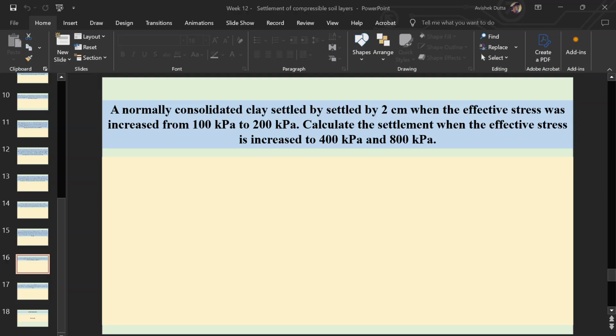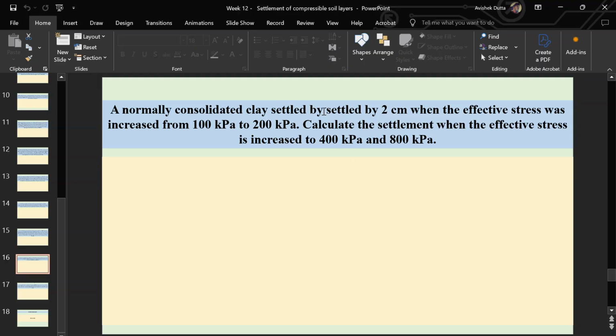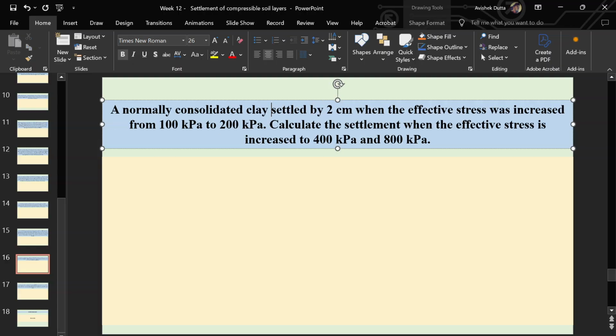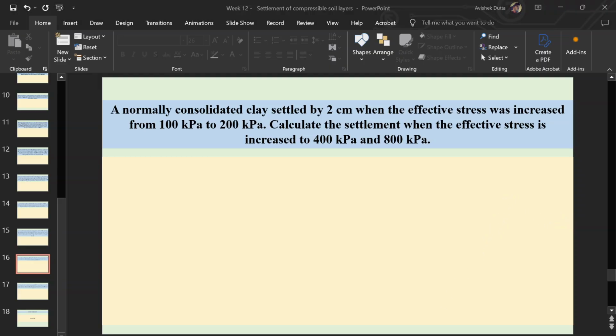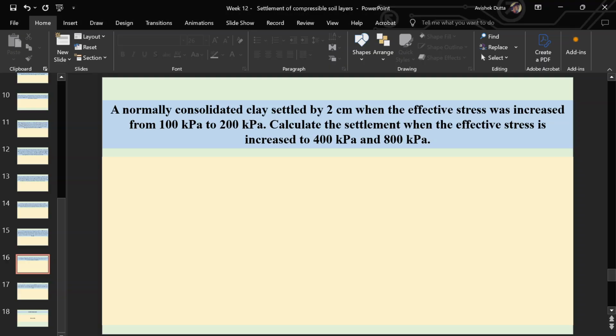A normally consolidated clay settled by 2 centimeter when the effective stress was increased from 100 kilopascal to 200 kilopascal. Calculate the settlement when the effective stress is increased to 400 kilopascal and 800 kilopascal.